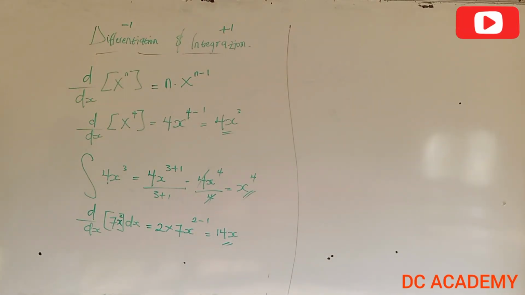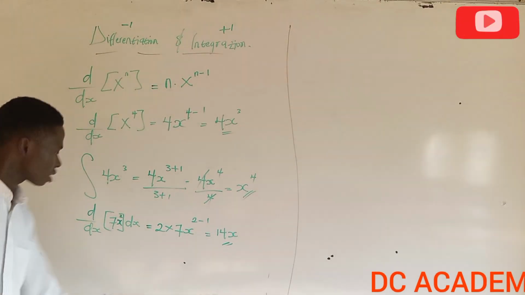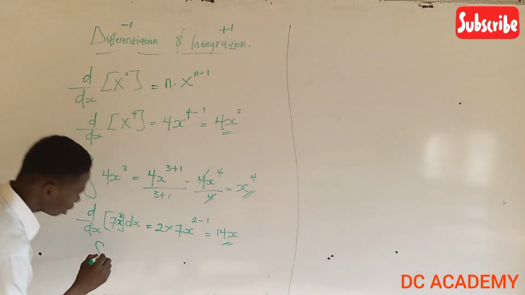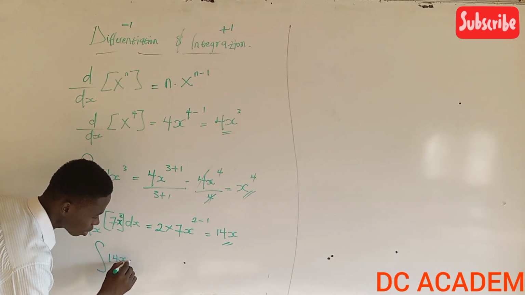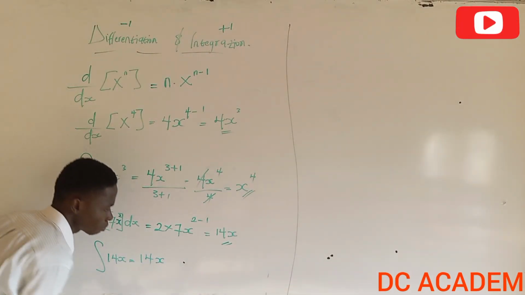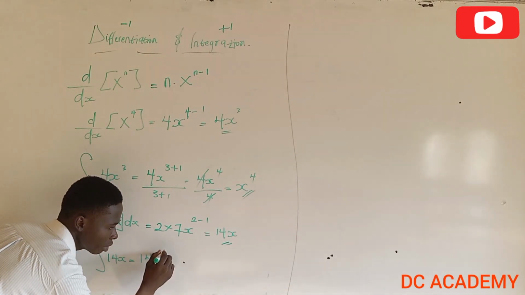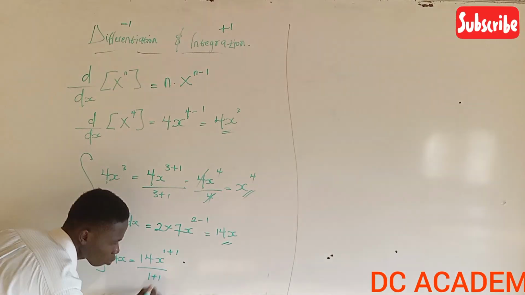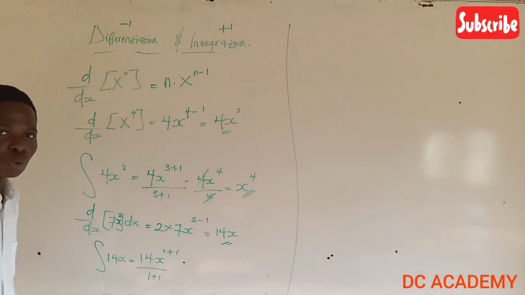Right? Yes. And when you integrate this, sorry, the integral of 14x: you write 14x, you have an invisible 1 here, right? Plus 1, all divided by 1 plus 1. And integration deals with a constant.